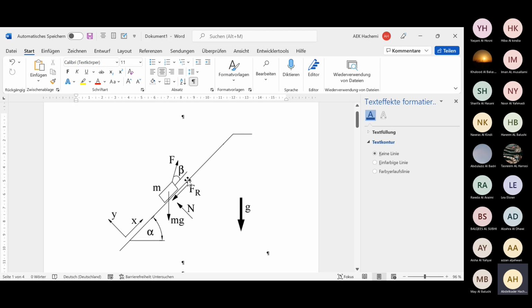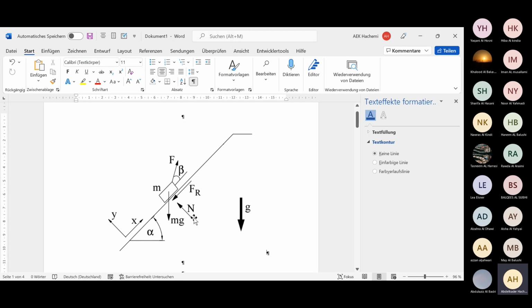If there is friction, of course, there is a frictional force Fr, which is defined by mu multiplied by this force N. And we have the weight mg. Then, as we are dealing with dynamical motion, we have to define this force N as well as Fr.